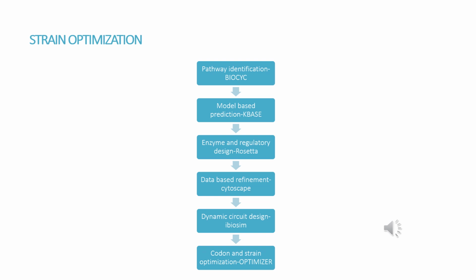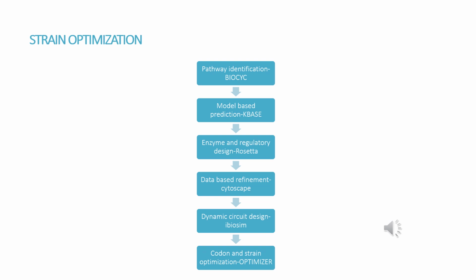For data-driven refinement, integration with omics data can be done by Cytoscape or MetaboAnalyst to refine pathway models and validate experimental results. For dynamic circuit design, simulation of synthetic genetic circuits using iBioSim or TinkerCell to dynamically control metabolic flux.